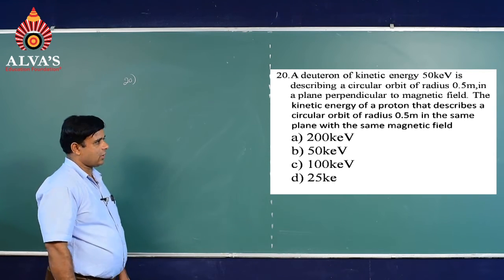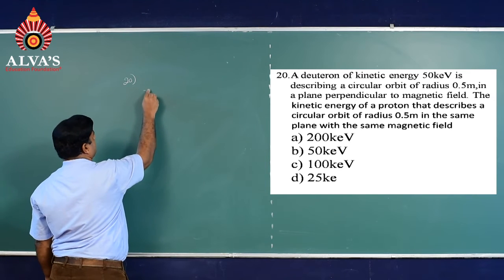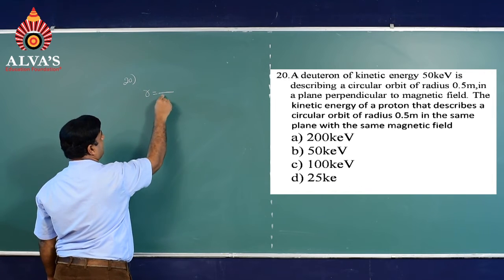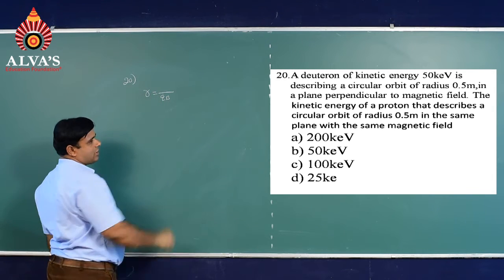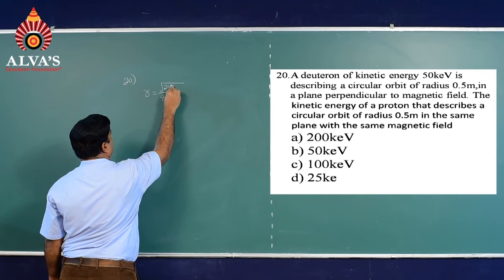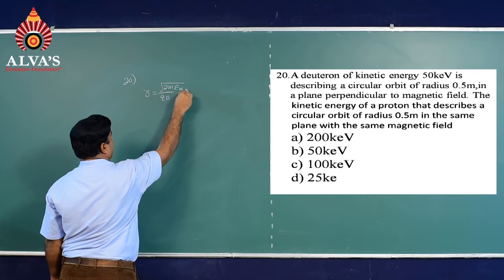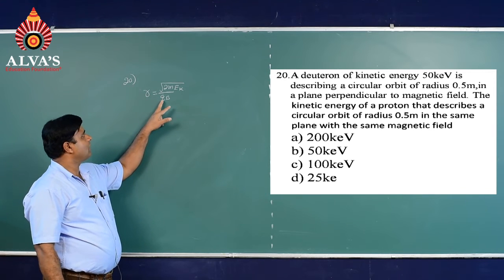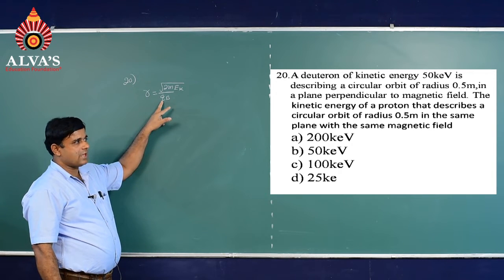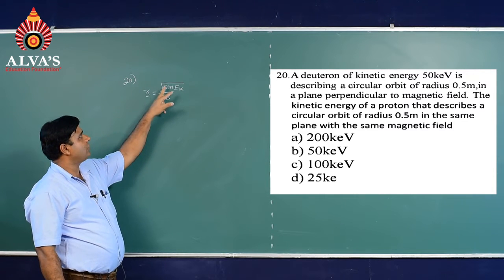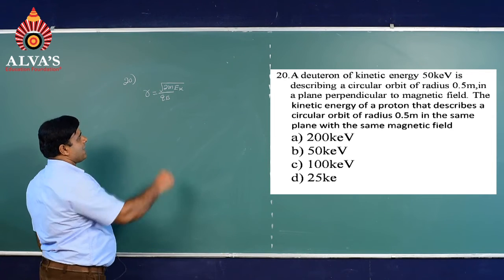Radius of the circular path in terms of kinetic energy: r is mv by qB, m into v is momentum. Momentum can be written as square root of 2m into kinetic energy. So, r is same, proton and deuteron have same charge, q constant, both are in the same field, B constant, 2 constant, variable is m and Ek.